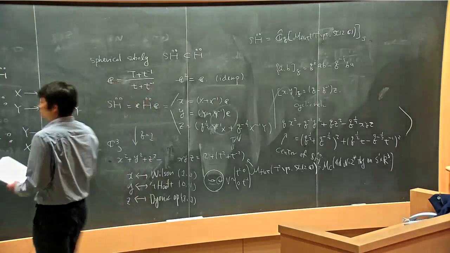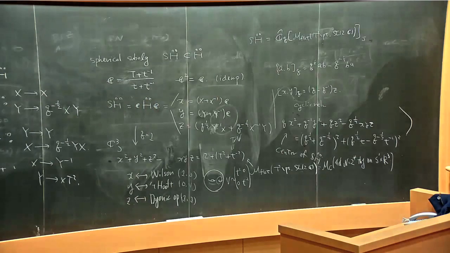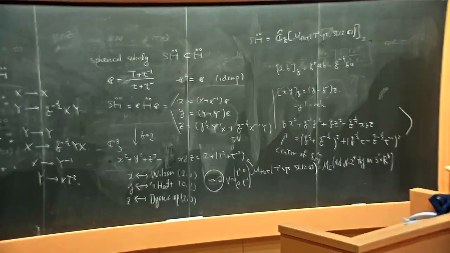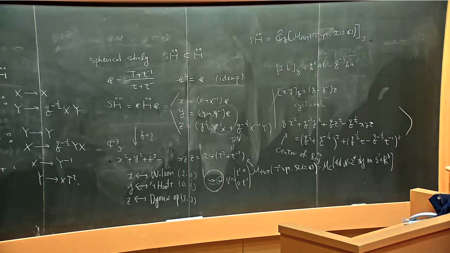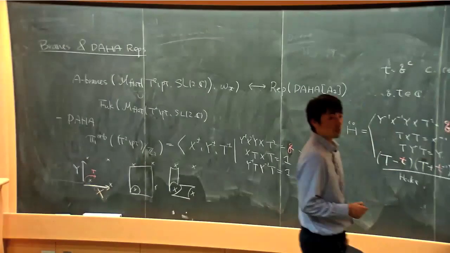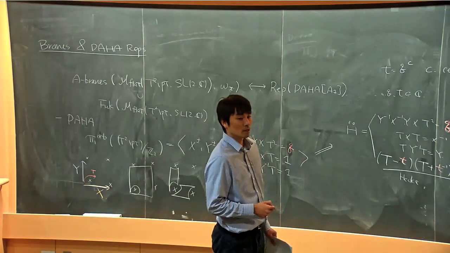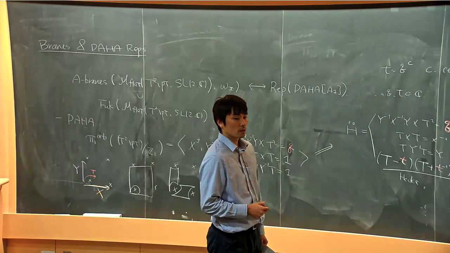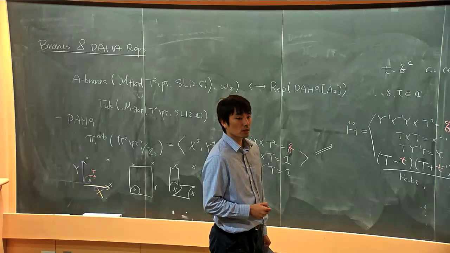Sorry, Satoshi, if you set q to 1, then the spherical data is just functions on that moduli space. Yes. One would hopefully expect the ordinary DAHA to be endomorphisms of some rank 2 bundle over that. Yeah, that's true.